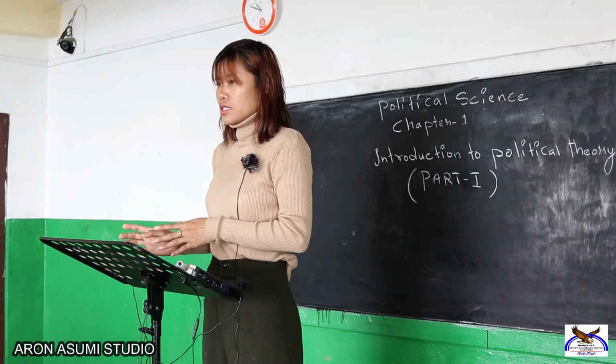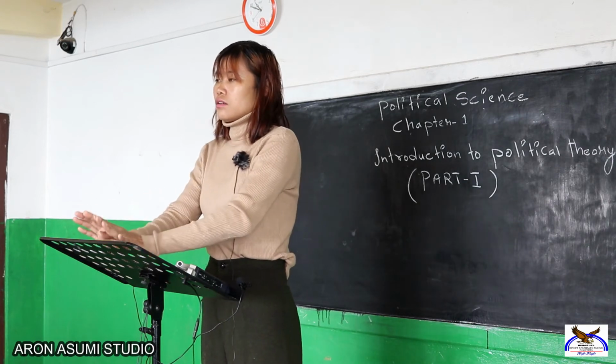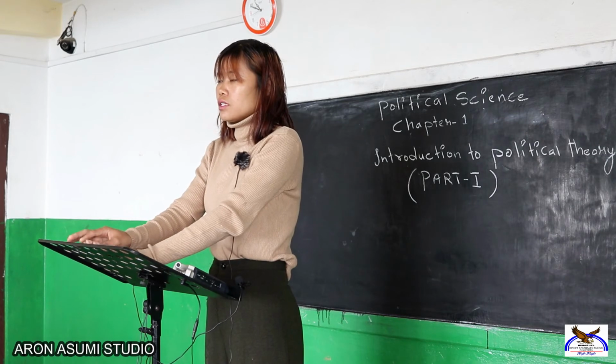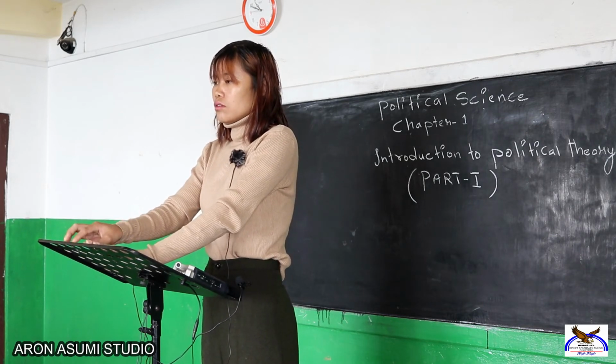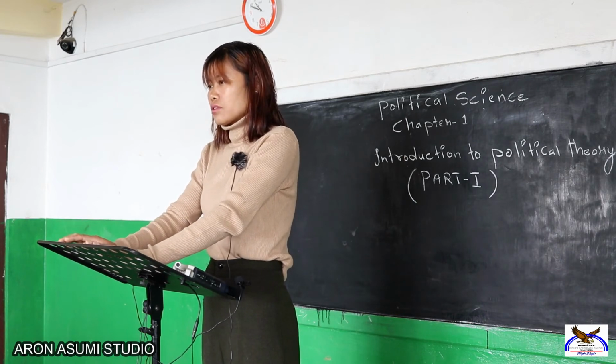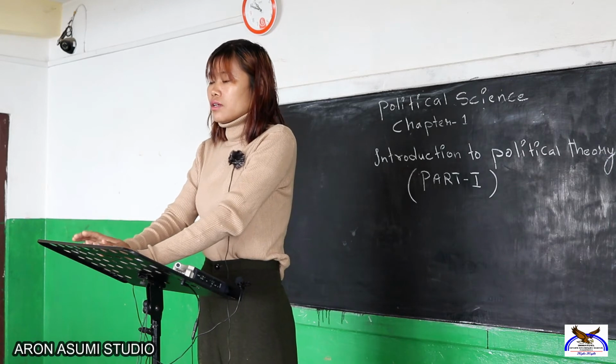The third is bureaucrats and their behavior. See, political science not only deals with the state, government, and philosophy, but it also deals with bureaucrats and their behavior. Why is it so?